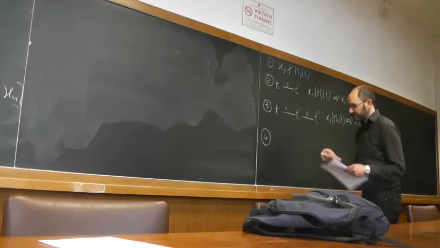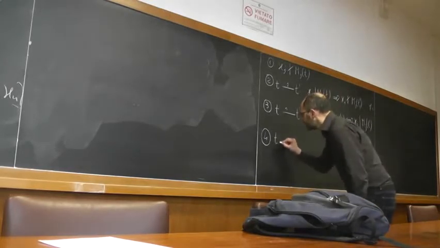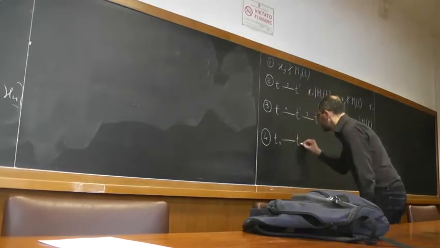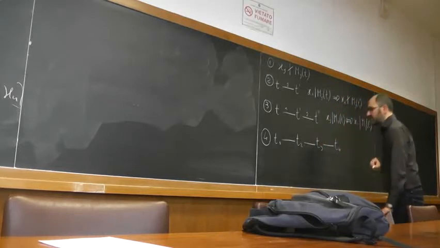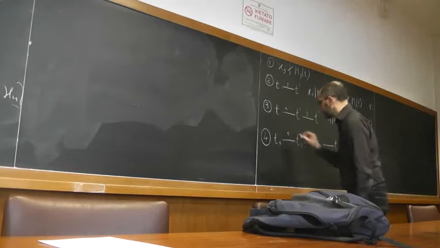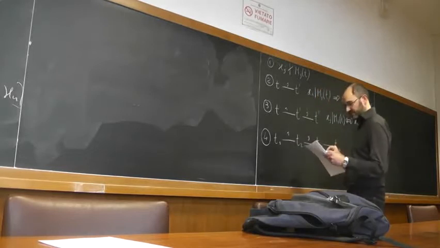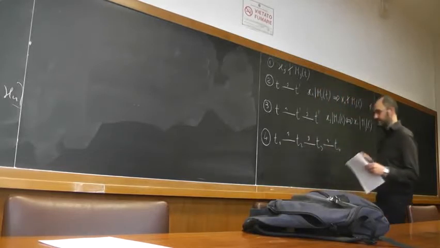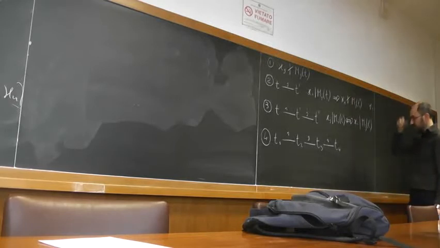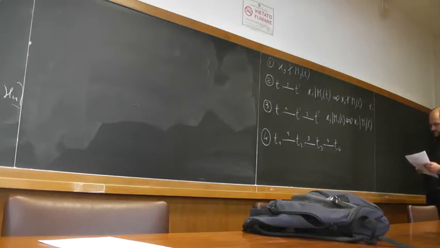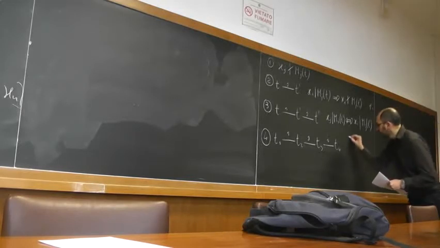In axiom 4, we have 4 vertices, t1, t2, t3, t4, where the labels alternate. So we have i, j, i. So I have this condition that in the last lecture I wrote in 3 cases, but I want to give you the shortest way of expressing this axiom.